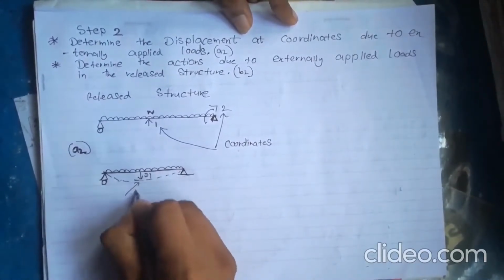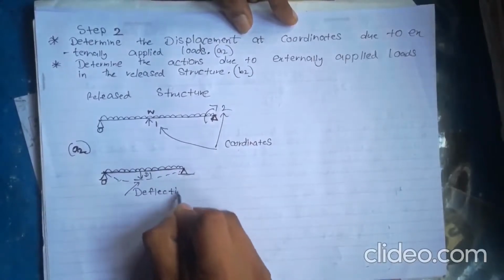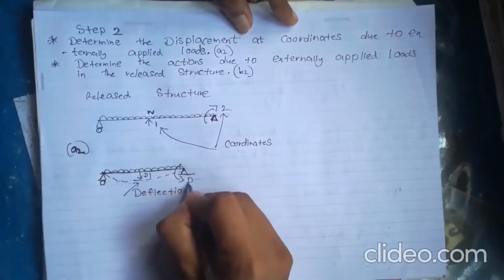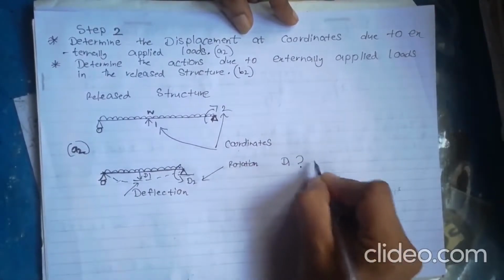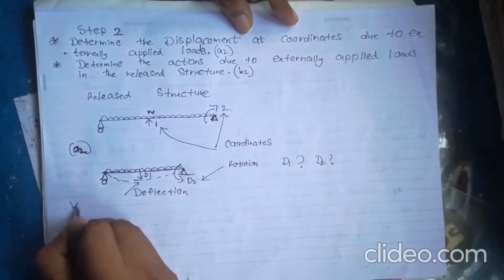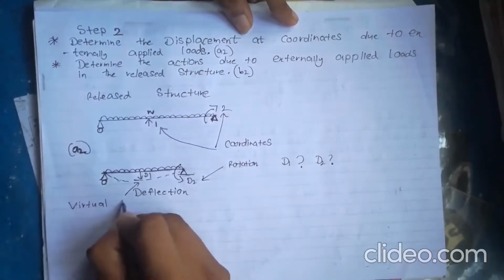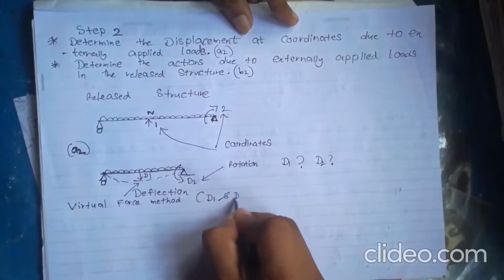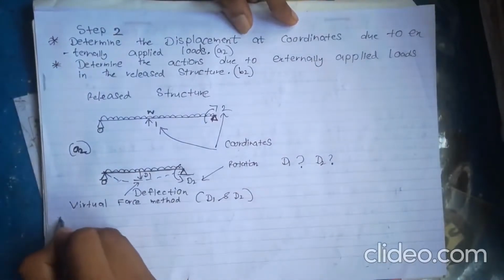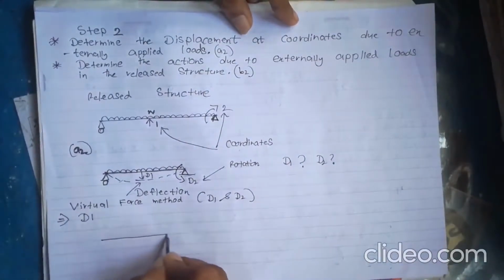Here there is a vertical deflection d1 due to the external load in the released structure at coordinate 1, and there is a rotation d2 at coordinate 2. We can find these deflections using the virtual force method.